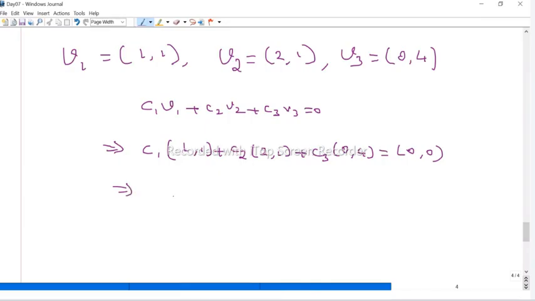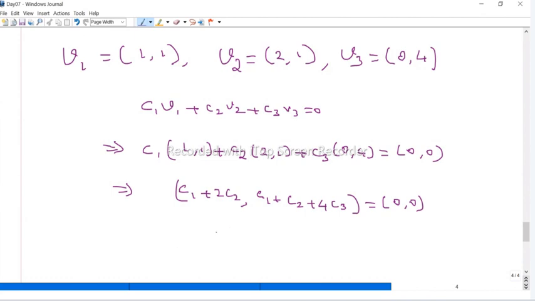Now multiply by C1, C2, C3 and add. The first coordinate is C1 plus 2C2, because the C3 term is 0. The second coordinate is C1 plus C2 plus 4 times C3, equal to (0, 0).